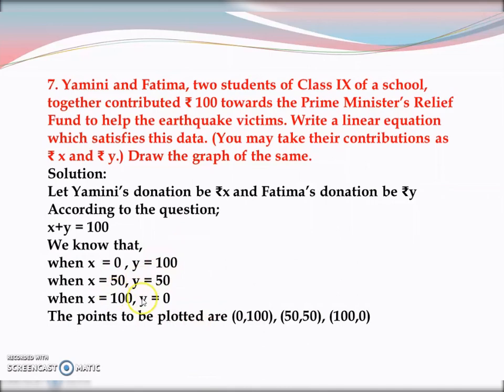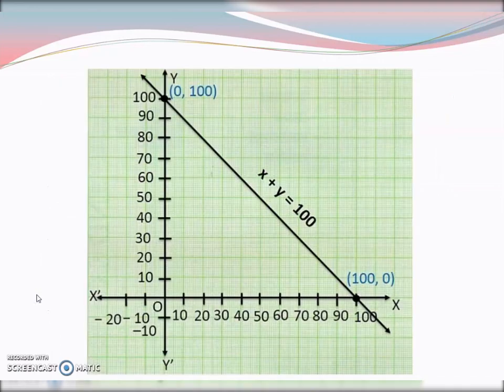So out of that, these 3 points we will be taking and we can plot the graph. So 0, 100, 50, 50 and 100, 0. Then this will be the graph. Since the maximum amount is 100, it will go till 100 on the x and y axis both. This will be the graph.